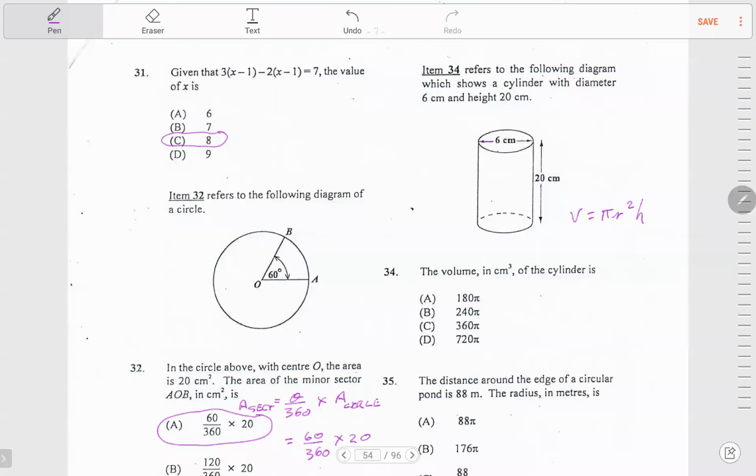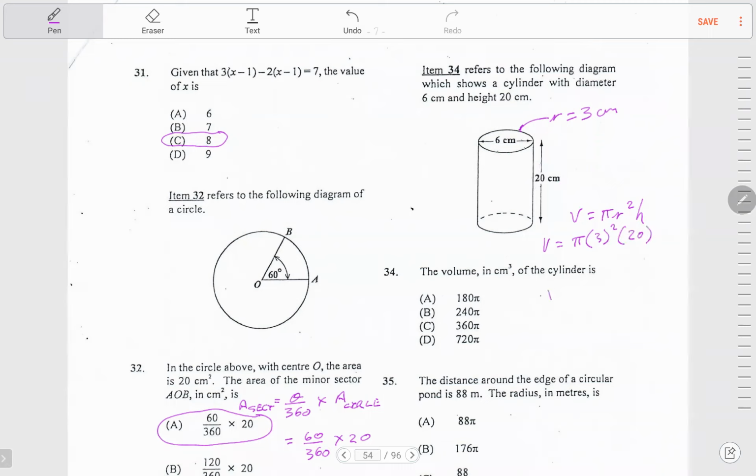Now, if the diameter is 6, then the radius is 3. So r is 3 centimeters because the diameter is 6. So this volume becomes pi times 3 squared times the height, which is 20.